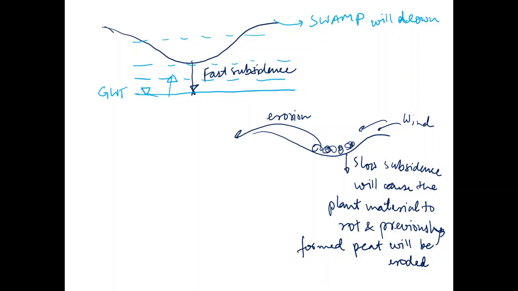Such peats are formed in topogenic depressions that may form through water erosion. So, for example, oxbow lakes. Oxbow lakes are one of the good examples of peat forming areas which are formed due to a sufficiently high and long standing groundwater table, or sometimes the topogenic depressions which are formed by glacial erosion.